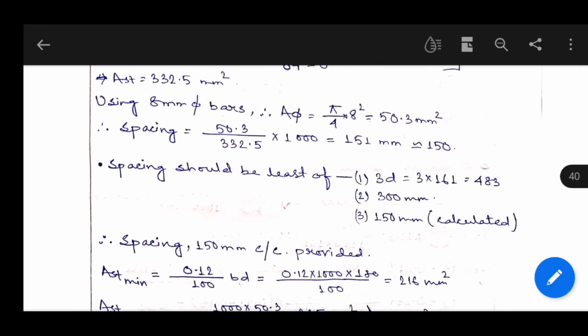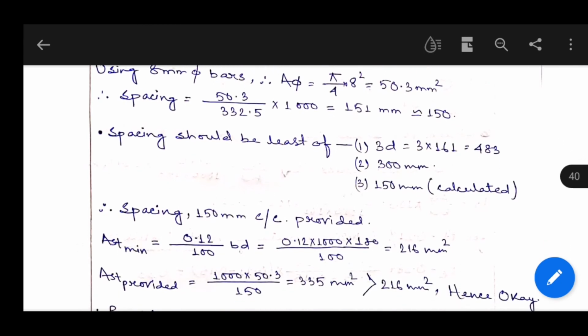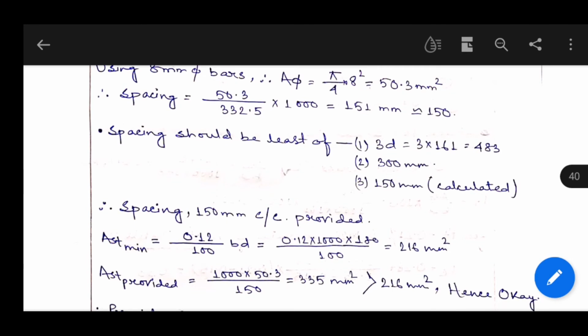Now area of steel minimum is 0.12 by 100 into b into d. This is HYSD bar, that's why the 0.12 value is used, that is equal to 0.12 into 1000 into 180 by 100, which is 216 mm square.